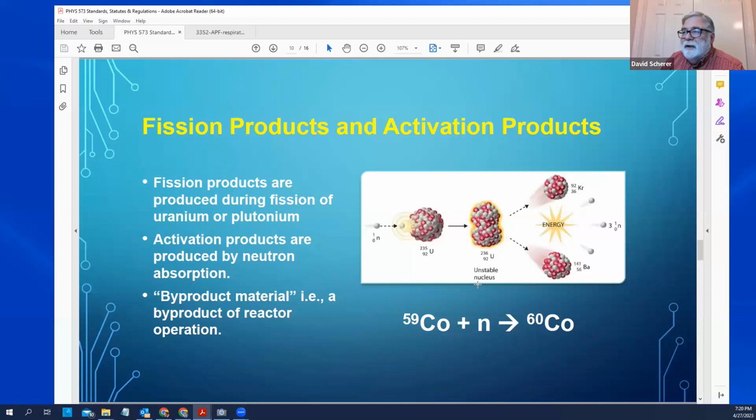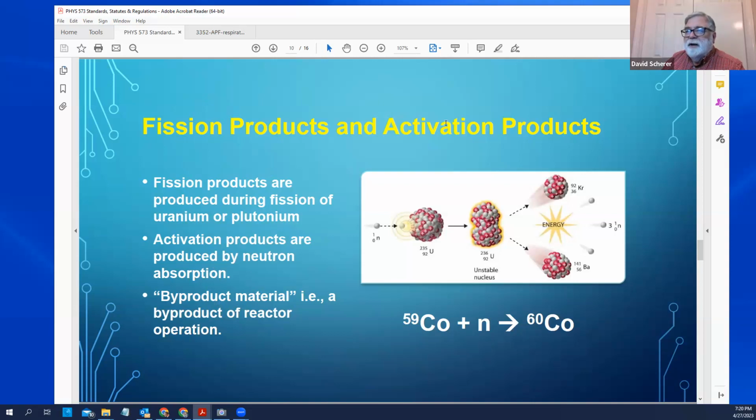If cobalt-59 absorbs one of these neutrons, it becomes cobalt-60. We've talked about cobalt-60 before. It has very high energy gammas, 2 gamma rays per decay, about 1.25 MeV between them. And so it's a major contributor to dose in power plants.